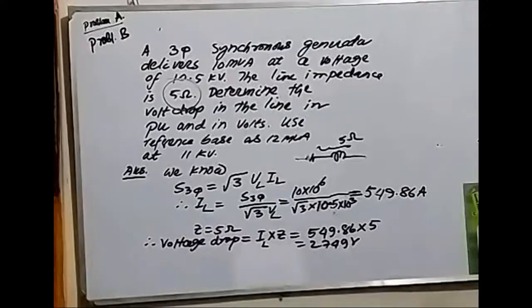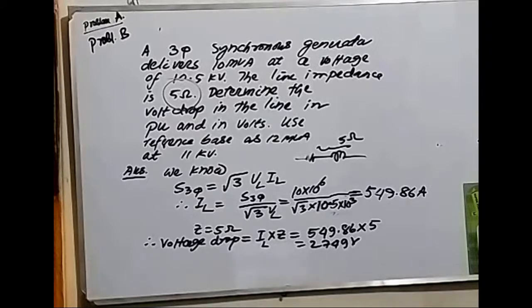You see, voltage drop in the line equals what? Total current into impedance.